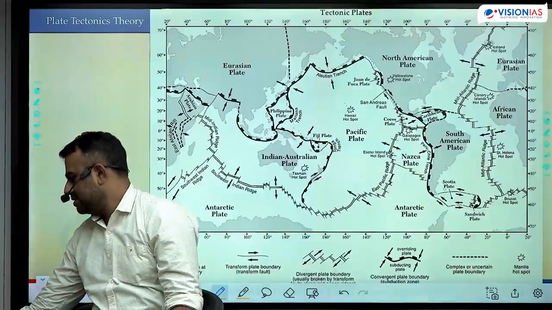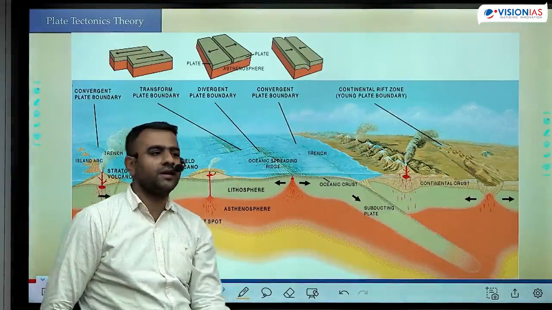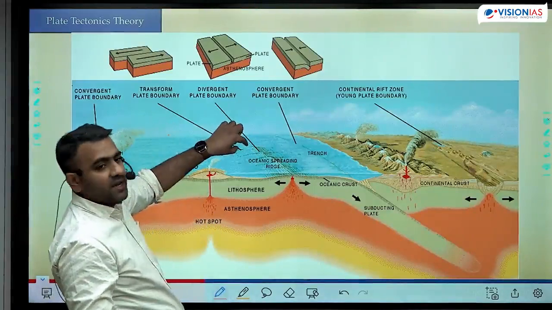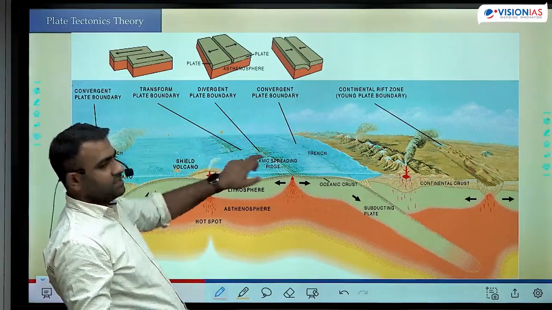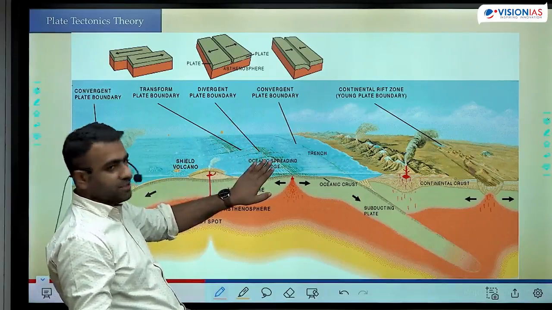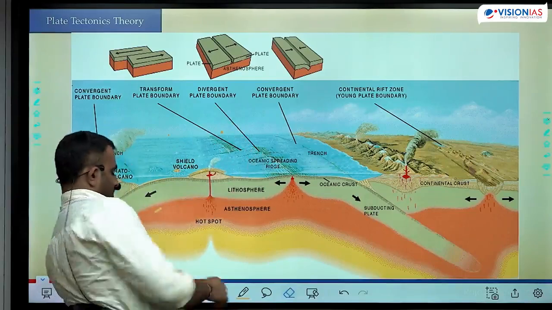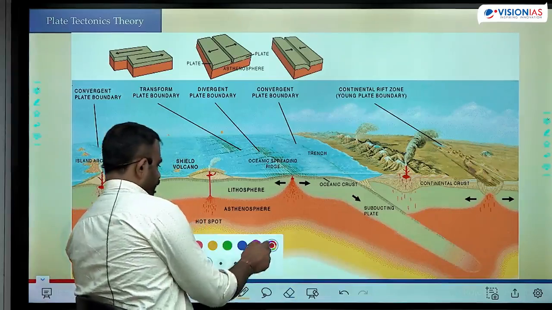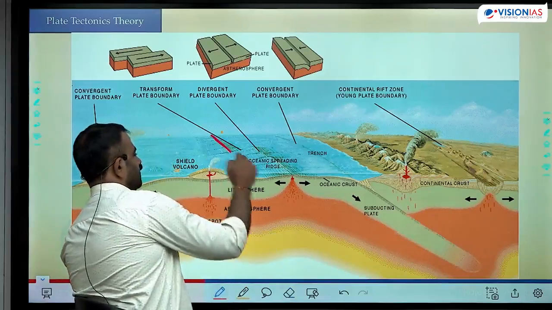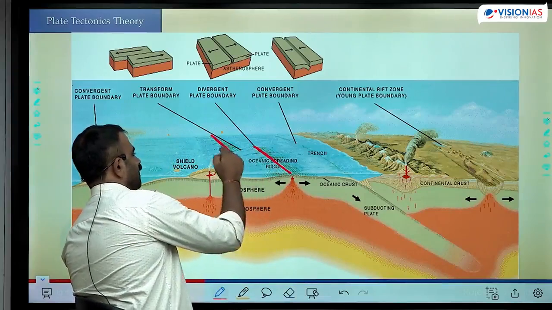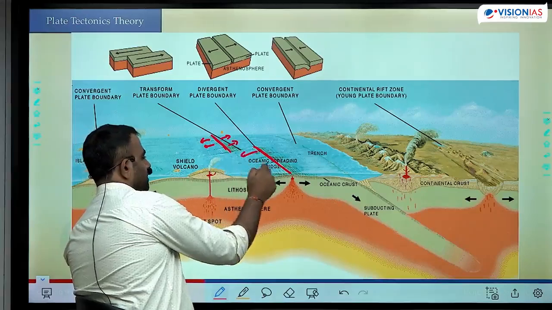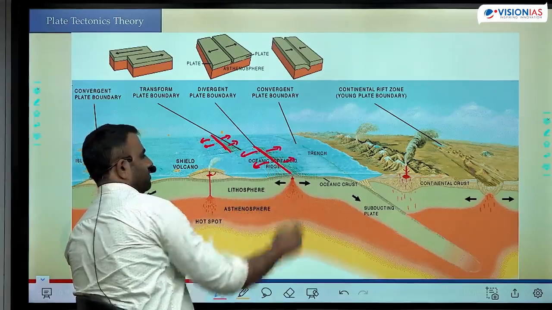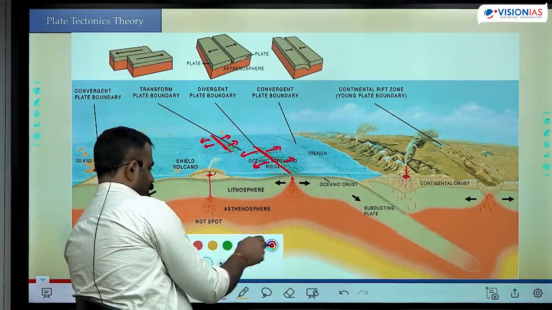So other than this, along the mid-oceanic ridges also in between, you will find the parallel plate boundary. Okay, can you see these two parts of the mid-oceanic ridge? There is one part of the mid-oceanic ridge, another part of the mid-oceanic ridge. Okay, so observe this carefully. This is a mid-oceanic ridge, this is a mid-oceanic ridge. Okay, here it is moving away, here it is moving away. Can you see in between?